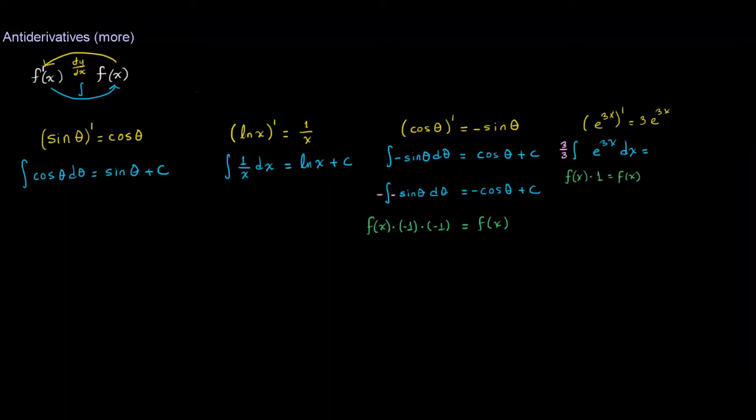Now we can play around with this expression. 1/3 times 3 is still 1. We know the solution of this expression: it would be e to the 3 times x. But we have this 1 over 3 that's multiplying this expression, so we have to consider it in the result. At the end, this would be equal to 1/3 times e to the 3 times x plus c.